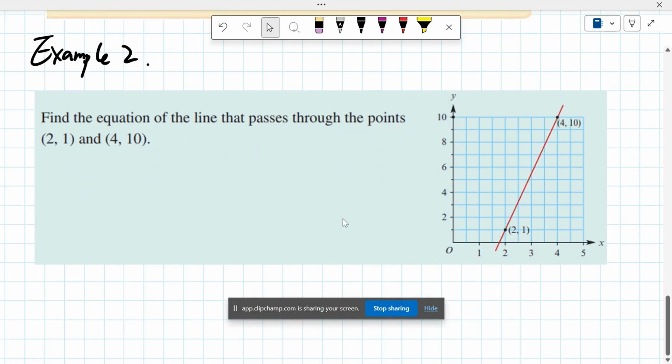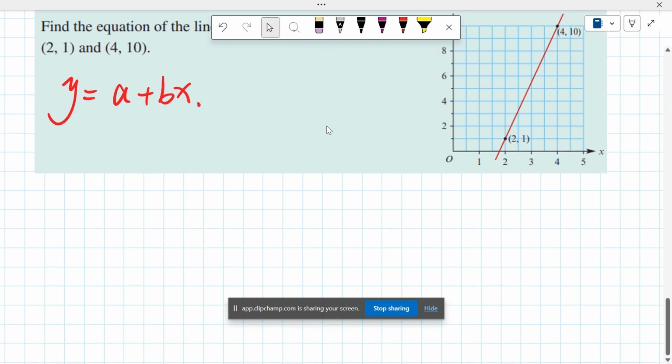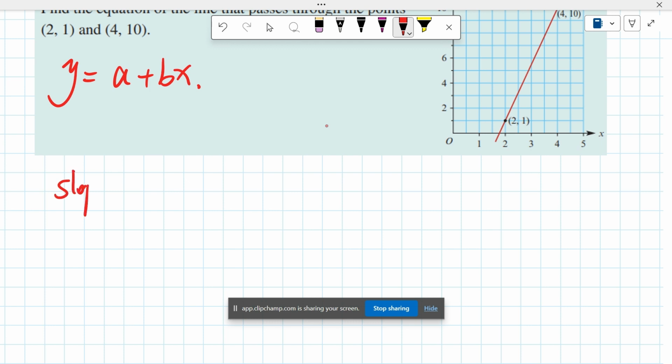Let's have a look at this one. We're going to come up with y equal to a plus bx. First, we find the slope equal to y2 minus y1 over x2 minus x1. We know rise and run, where y2 is 10.